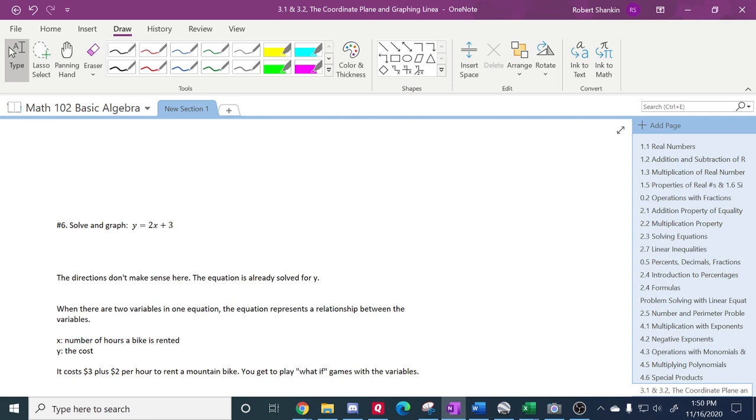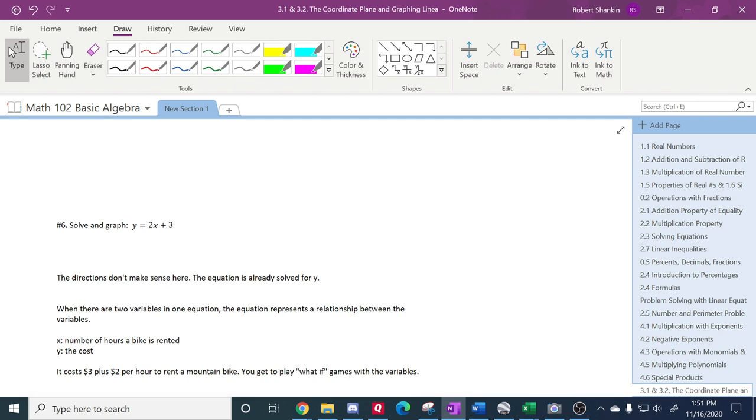I've had visitors to Santa Fe, and I want to take them mountain biking, so we go to a bike store, and this might be the situation. It costs $3 plus $2 per hour to rent a mountain bike.